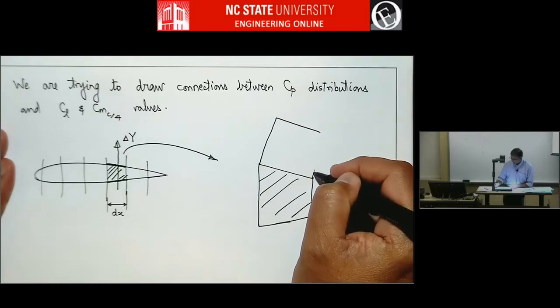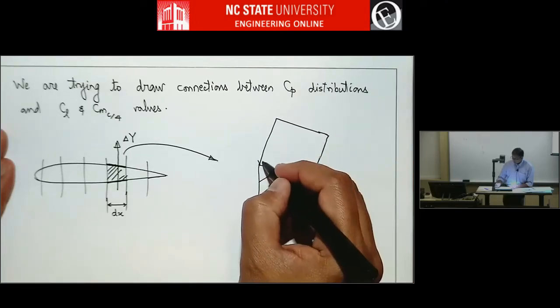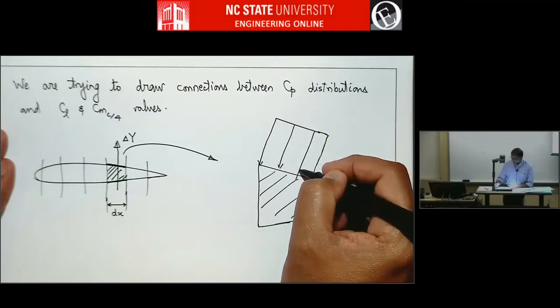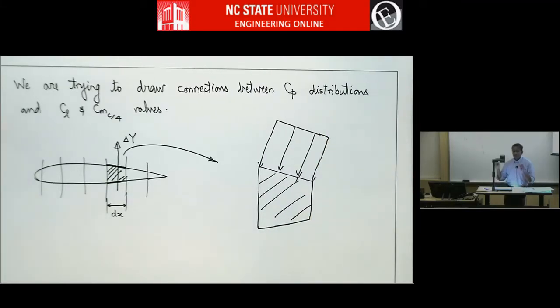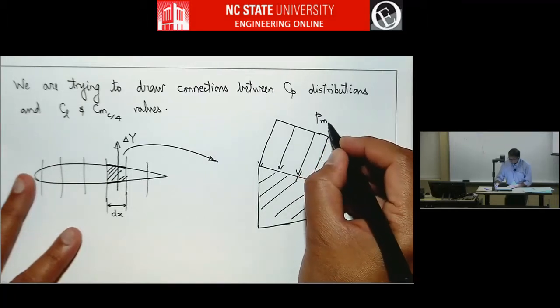Even though the actual pressure on the upper surface may be a suction, when you derive equations, it's always helpful to draw things in the positive sense, and then they'll turn out to be negative later on for some situations, right? So let's call this PMU.